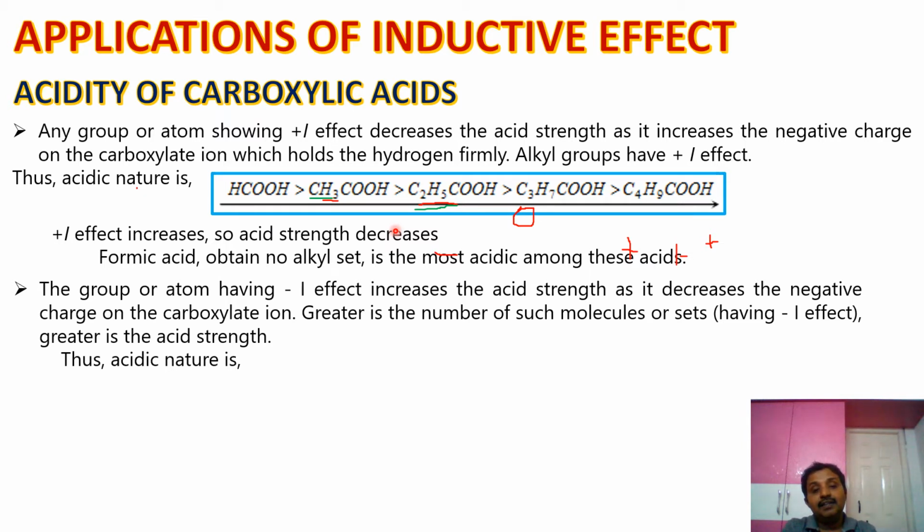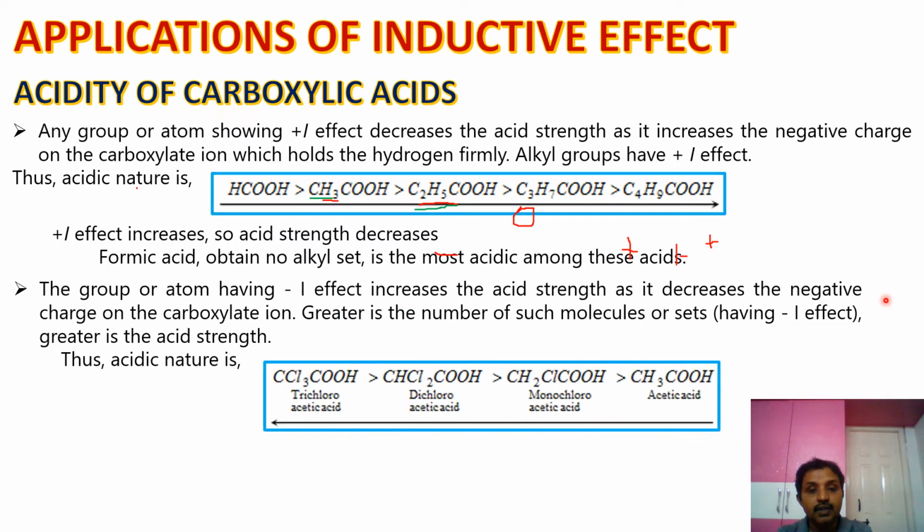So it increases the acidity of the carboxylic acids. Because of the increase of negative inductive effect, the acid strength increases. Now let us discuss with an example here: trichloroacetic acid.